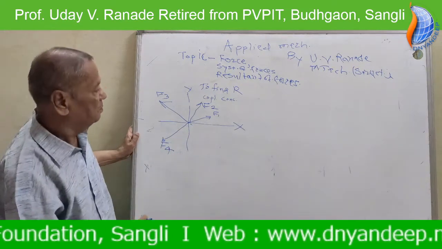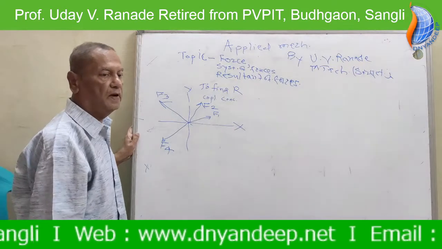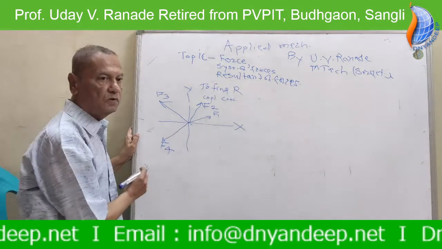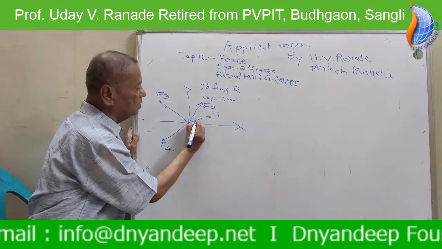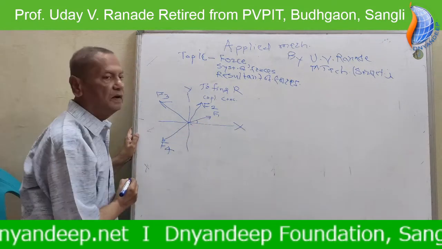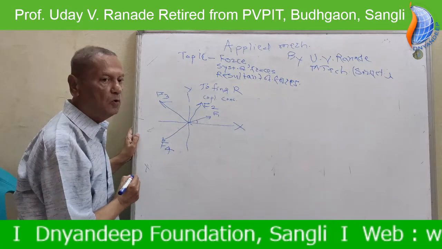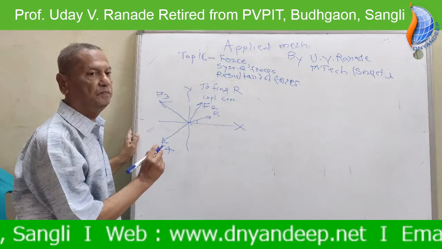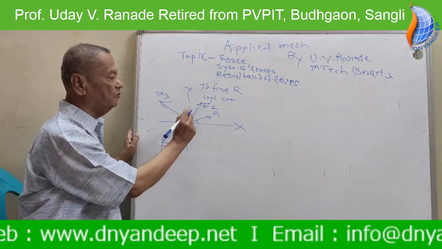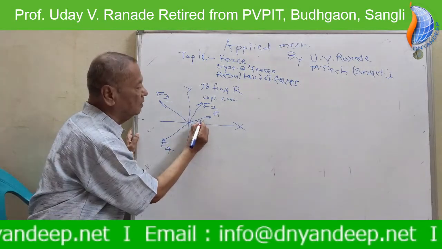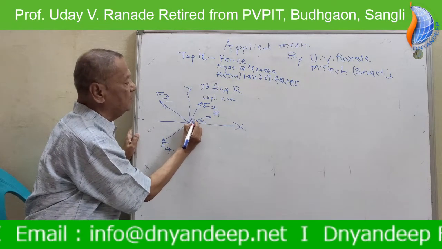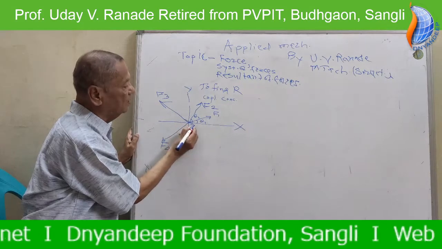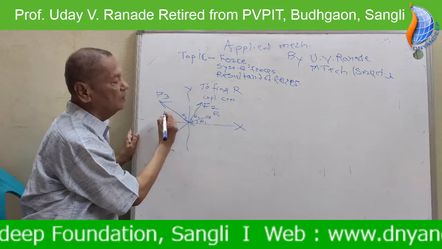The process is the same. Now before that, in an example, you are given the magnitude of the force, and also the direction of the force. The direction of the force is that every force makes an angle theta with the x-axis. So let F1 make angle theta 1, let F2 make angle theta 2, let F3 make angle theta 3, and so on.